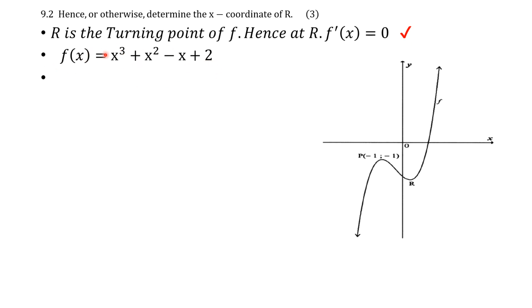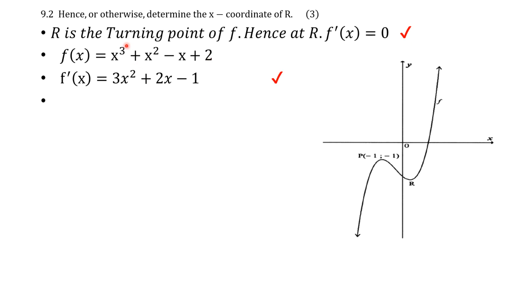So I'm going to say 3 times 1 gives me 3. 3 minus 1 would give me 2. 2 times 1 would give me 2. 2 minus 1 would give me 1. 1 times negative 1 would give me negative 1. And x to the power 0 falls away, and the 2 falls away.